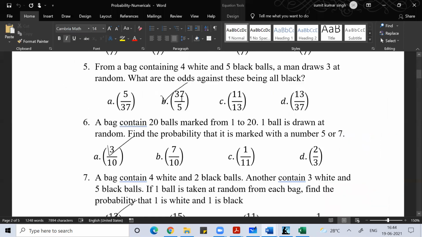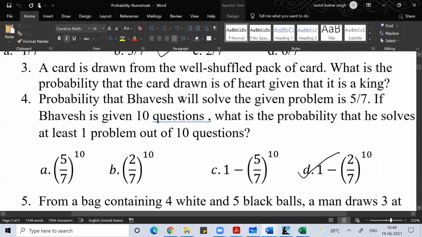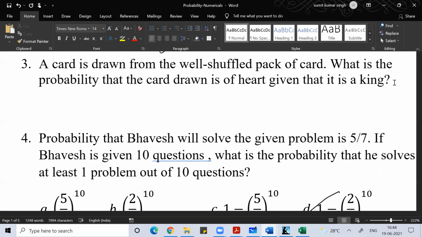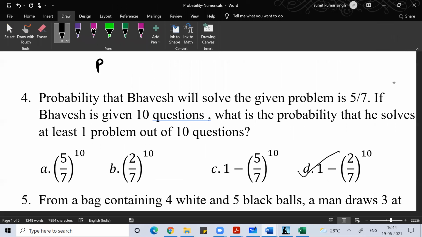Now, if you see problems like question number 4: the probability that Bhavesh can solve a problem is 5 by 7. So if I give a problem to Bhavesh, the probability that he can solve it is 5 by 7.